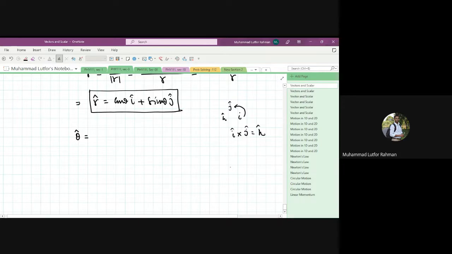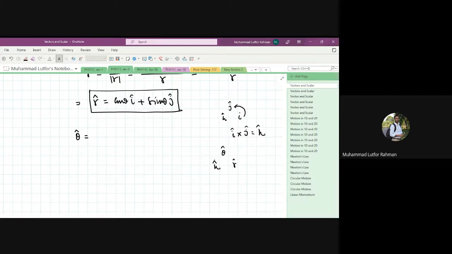Using that, we can also represent r hat and theta hat along with one more unit vector, k hat, because r and theta are basically in the XY plane. If you think in three dimensions in the Cartesian coordinate system, r and theta would be in the same plane. For this polar coordinate system, there will be one more coordinate towards the z direction.